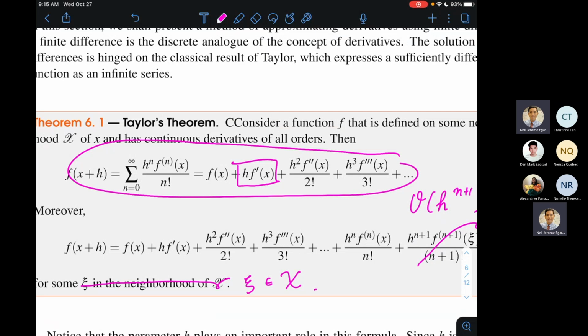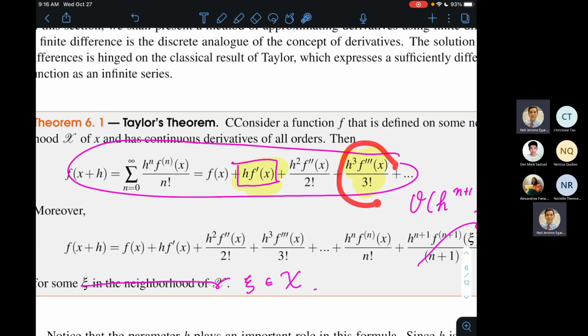Tapos sabi dun sa problem 6.1, dapat order 2 yung formula na ma-compute natin o ma-derive natin. So ibig sabihin, dapat ang pipiliin ko ay yung expansion hanggang sa h cube. Hanggang dito, sa may h cube. Kasi i-retain ko si h cube f triple prime of c all over 3 factorial. Tapos, remember, in the end ng derivation, dahil si f prime may katabing h, we need to divide both sides of that resulting equation by h.